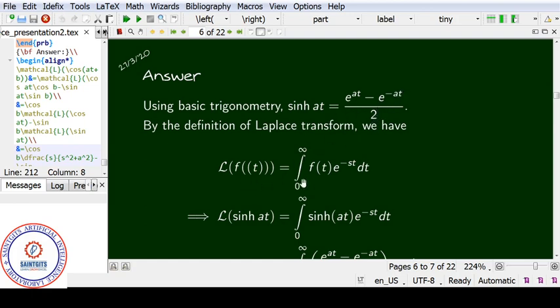Then we write the definition of Laplace transform. L of f of t is equal to integral 0 to infinity f of t into e raised to minus st dt. Here f of t is sin h at. Therefore, L of sin h at is equal to integral 0 to infinity sin h at into e raised to minus st. Now replace sin h at by this exponential expression.